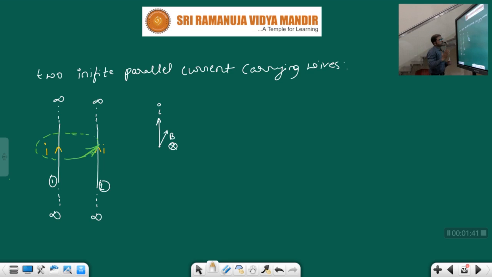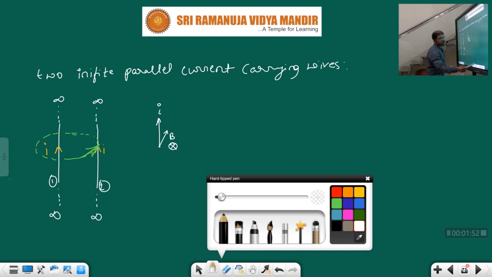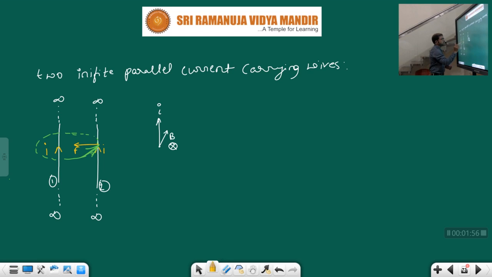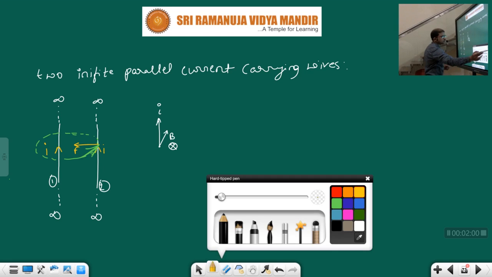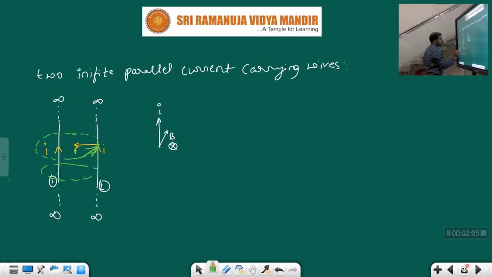So take the right hand, stretch your fingers along magnetic field, children, that is inwards, and thumb along the direction of current, upwards. Now our palm indicates the direction of force, that is towards the first conductor. Similarly, due to the second conductor also, there will be production of force.